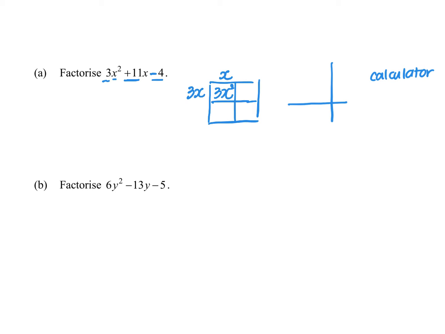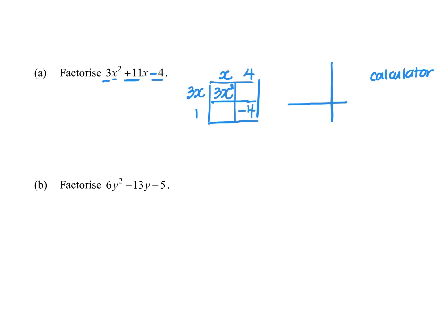And then I want to try to get the number negative 4 over here. What times what can give me negative 4? So maybe we can have 4 times 1.